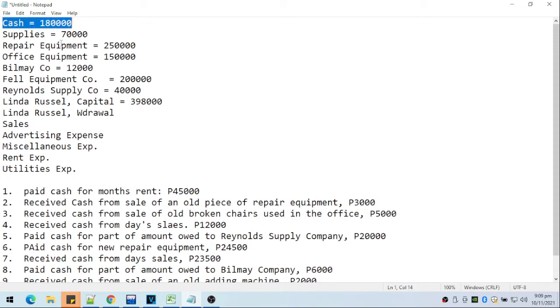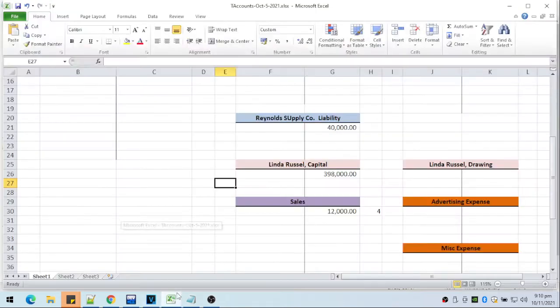Cash is an asset and Reynolds Supply Company is a liability. When we pay cash, that will decrease our cash, so cash, being an asset, should be credited, on the right side. And when we pay our liability, we decrease our liability, so we place that on the debit side. So Reynolds Supply Company, we debit that, 20,000. That is transaction number 5.